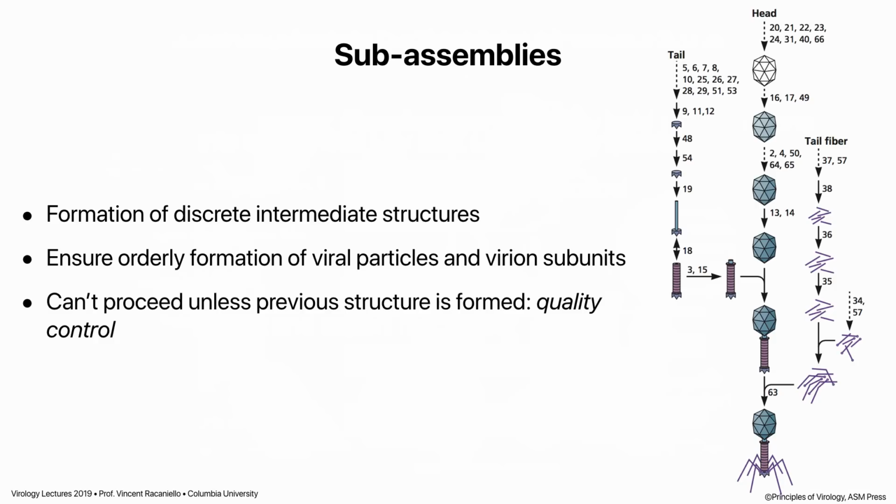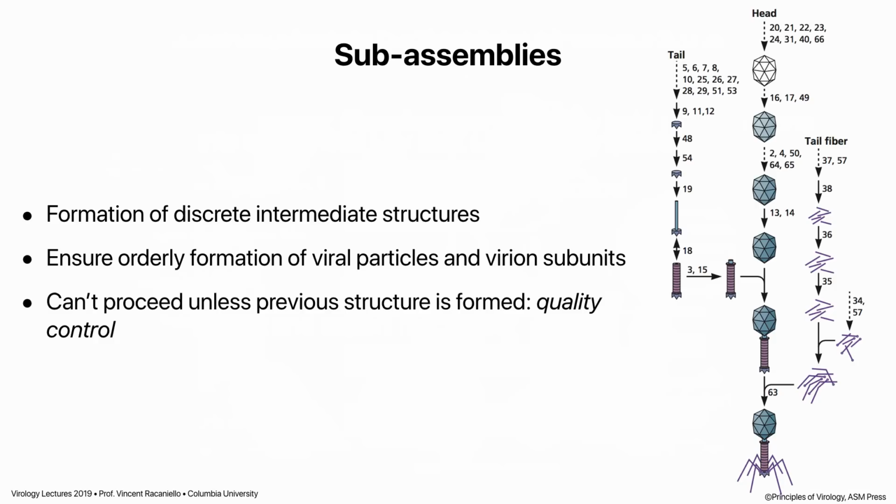So there's a whole series of reactions that occur to build this head, and then at the same time, you build the tail, you build the base plate first with a lot of different proteins, and then you build a protein shell around which the tail will be assembled, and that is stuck on the head. And then separately, the tail fibers are assembled and put on. So that's a very clear example of a sub-assembly, right? You make parts individually and then put them together.